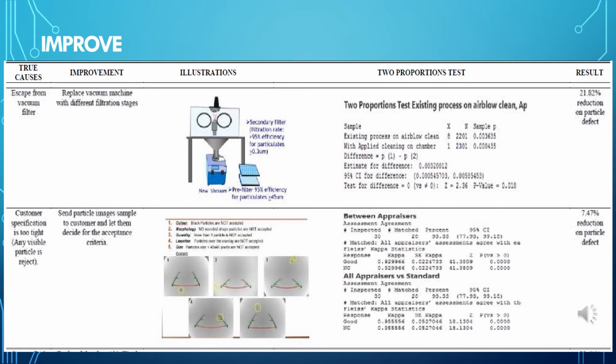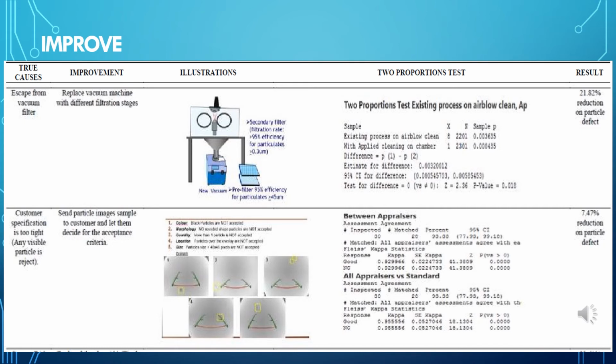The fifth true cause is the customer specification that is too tight. Any visible particle is rejected right away. From here, I performed a test of differences between appraisers and all appraisers versus standard. The result here is a 7.47 reduction on particle defect.